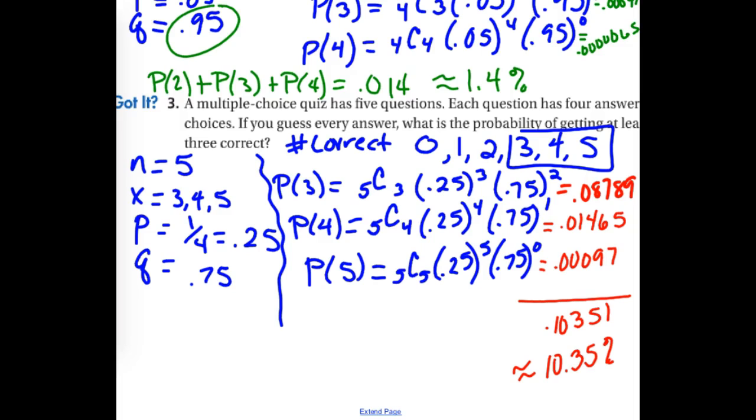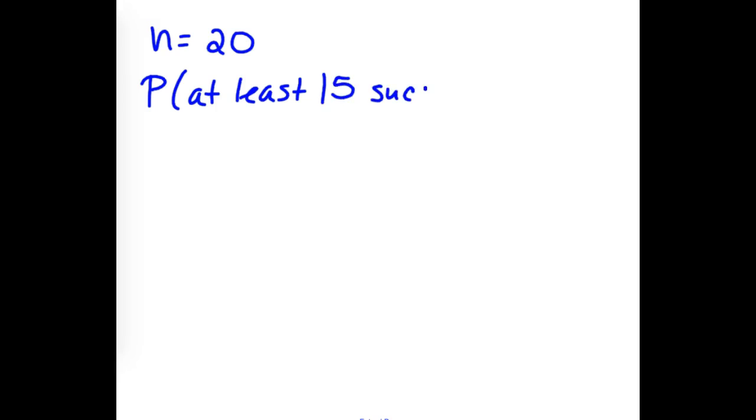What if my question changed? Let's say we have 20 trials, and I want the probability of at least 15 successes, whatever we're defining success to be.